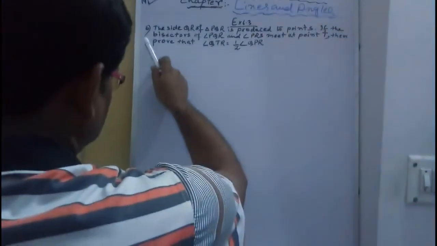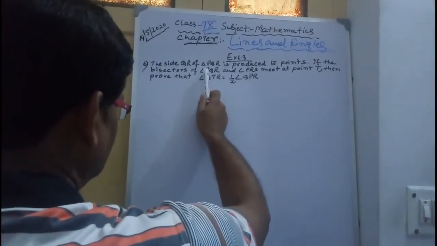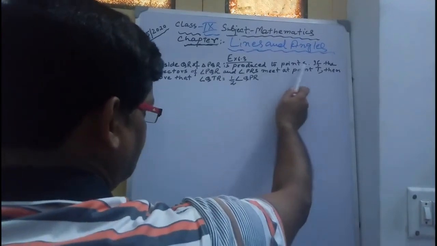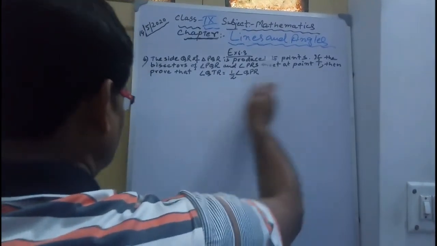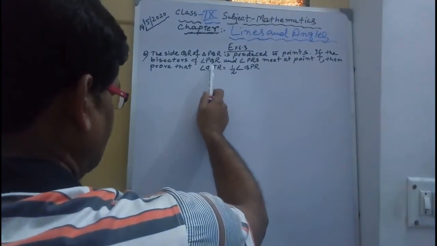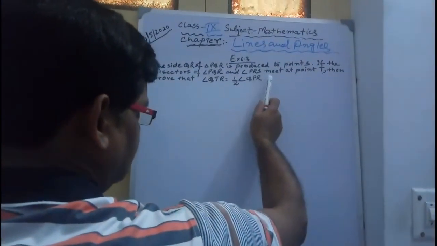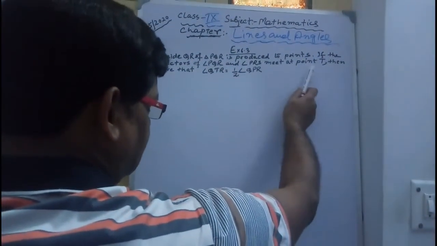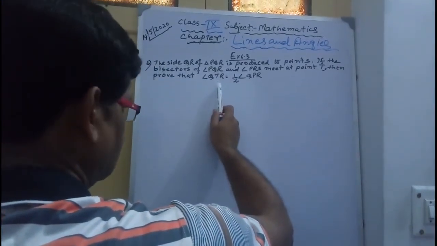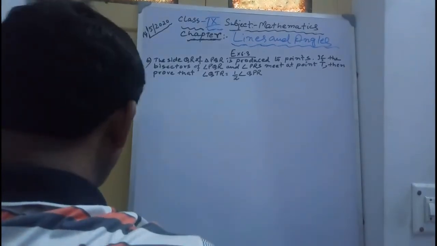Question number 6. The side QR of triangle PQR is produced to point S. If the bisectors of angle PQR and angle PRS meet at point T, then prove that angle QTR equals 1 by 2 angle QPR.